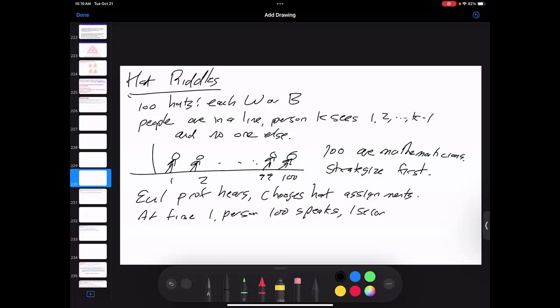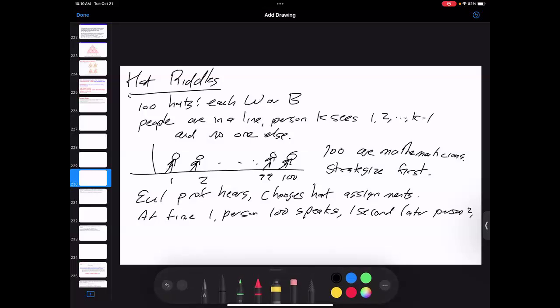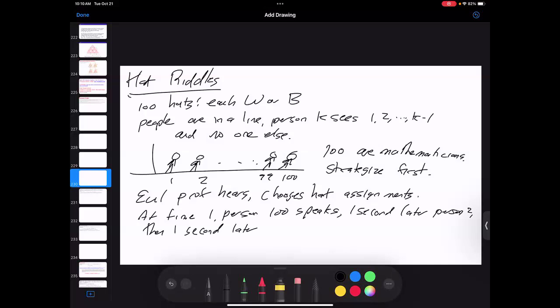1 second later, person 99, then 1 second later, person 98, and so on and so on. You say either white or black.